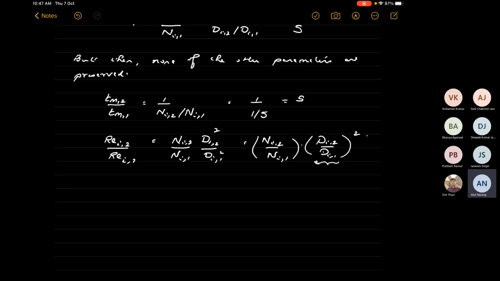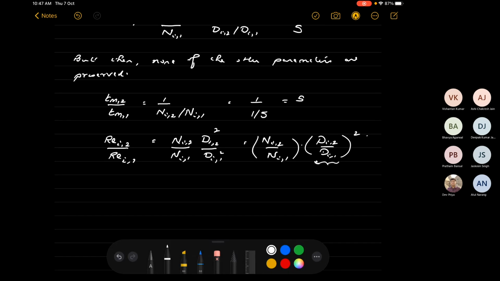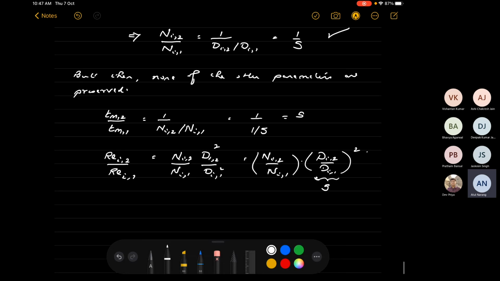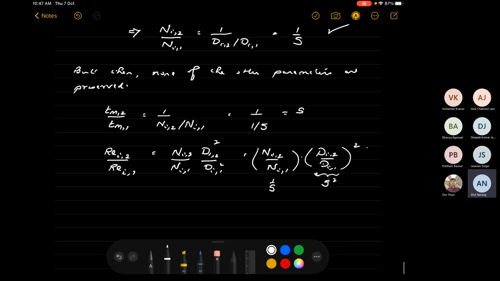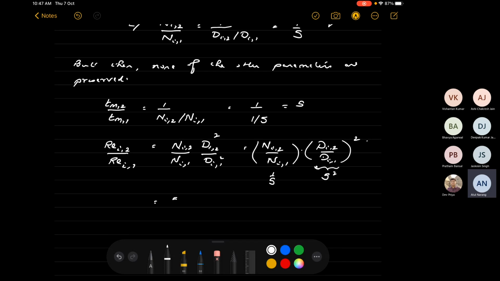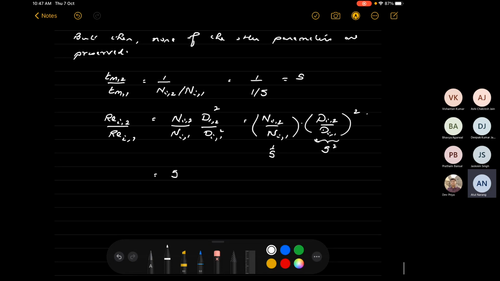Well, so this is 5. And we found Ni2 over Ni1 is 1 over 5. And this is 5 squared. So you basically find that your Reynolds number has gone up by a factor of 5. So this argument can be made even for the last one, P0 divided by VL, which scales as Ni cubed Di squared.